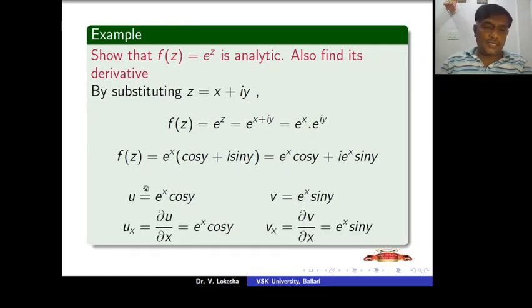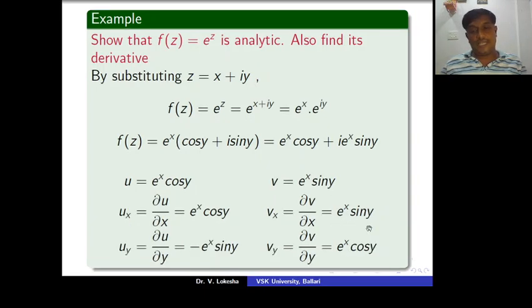Then we take the partial derivatives with respect to x and y. Here u_x = ∂u/∂x, e^x is e^x, and cos y is treated as a constant, so we take it as it is. Here v = e^x sin y. The partial derivative with respect to x: e^x is e^x and sin y is as it is. u_y means partial derivative with respect to y, that is e^x is treated as a constant, and the cos y derivative is minus sin y.